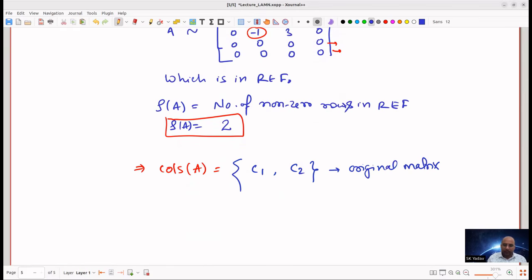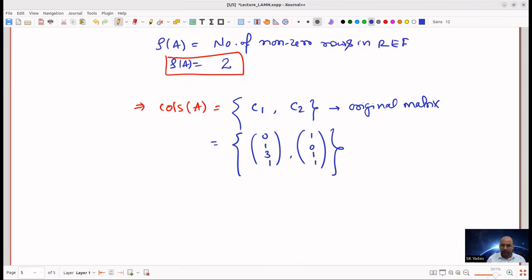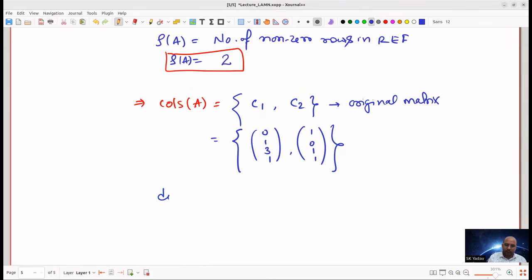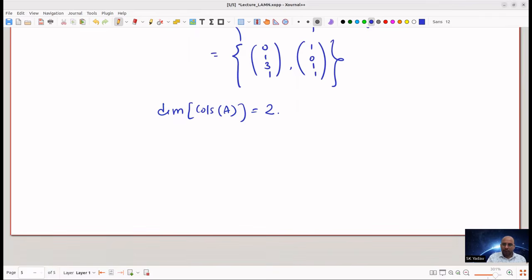I can write the columns of the original matrix in set form: 0, 1, 3, 1, and the second one is 1, 0, 1, 1. So this is the column space of matrix A. And you can directly write that the dimension of column space is equal to 2. So I hope you understand the column space and rank of matrix and the elementary row operations and row echelon form in this video lecture.